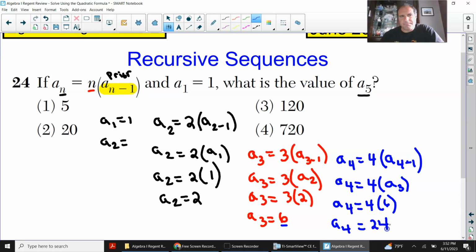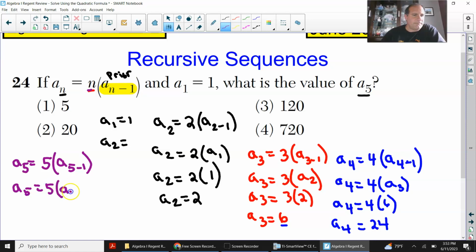All right, we're not done. We need a sub 5. That's where I'm going all the way over here. A sub 5 equals 5, following this, 5 is n, times a sub 5 minus 1. A sub 5 minus 1 is a sub 4. So a sub 5 equals 5 times a sub 4.